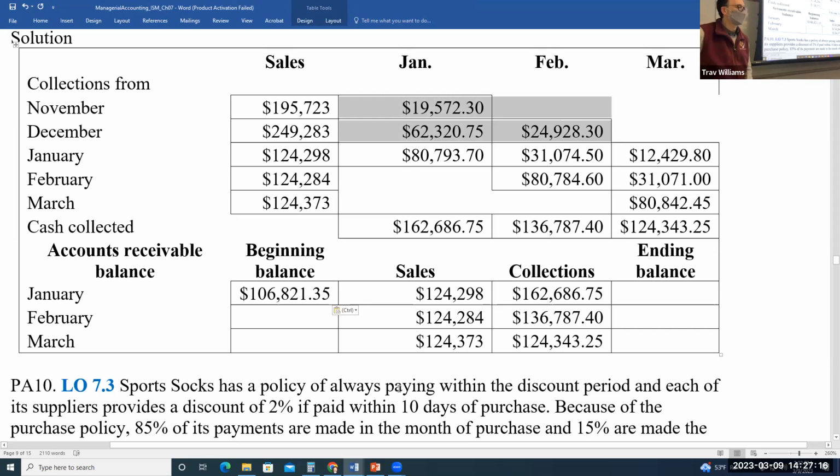So let's think about why that makes sense. What we're trying to find out is what is the accounts receivable balance as of January 1st? Well, we know that this November money and this December money and this December money are all getting collected after January 1st, right?